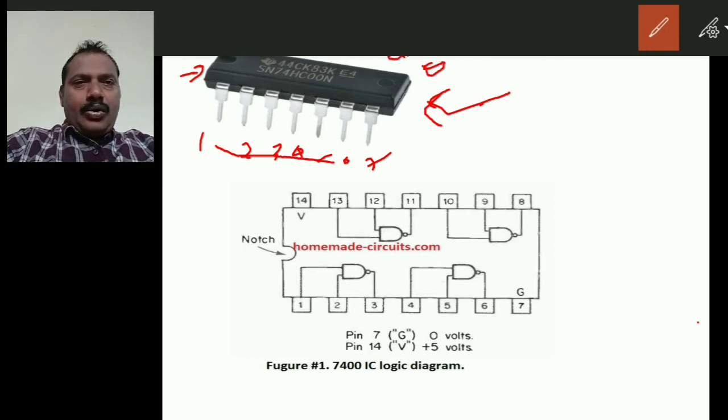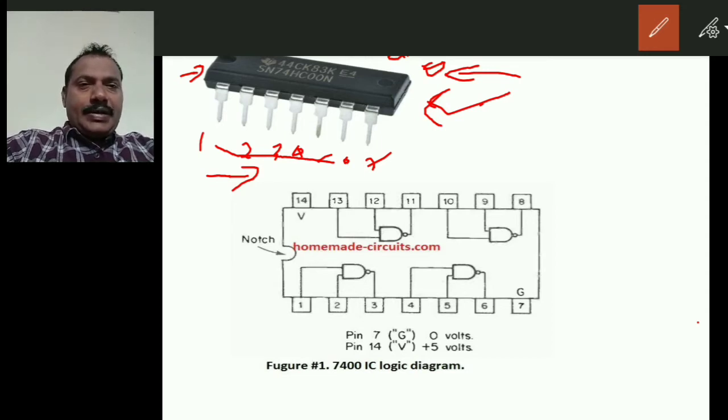You have to go on counting the other side from bottom to top, while this side you count from top to bottom: 1, 2, 3, 4, 5, 6, 7, 8, 9, 10.